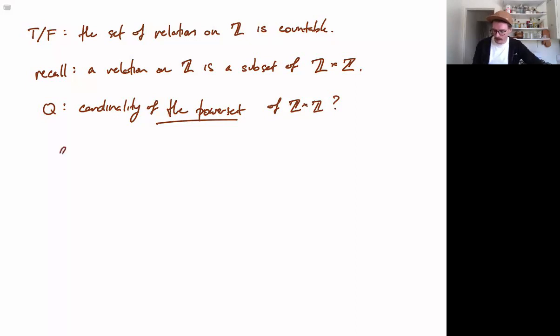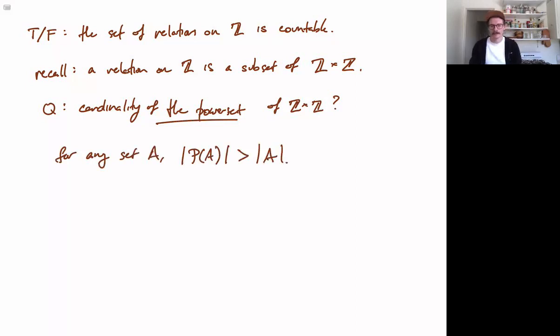For any set A, the cardinality of the power set of A is strictly larger than the cardinality of A. So applying that to our situation here, the cardinality of the power set of Z cross Z is strictly larger than the cardinality of Z cross Z.